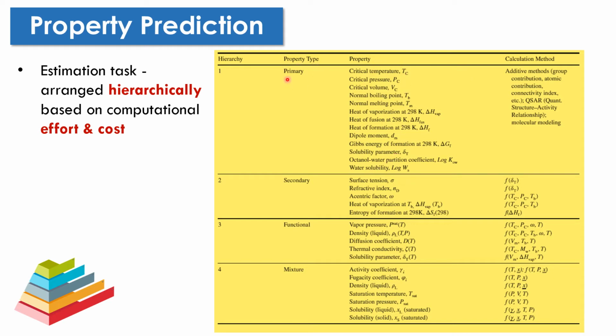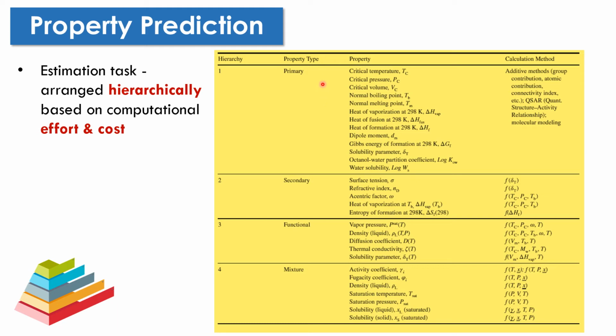Later on there will be a revision where we will discuss further what is meant by primary, secondary, functional, and mixture properties. But basically, this is the step that we go through whenever we do the estimation task.